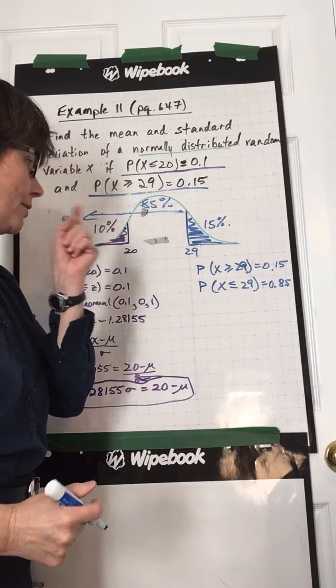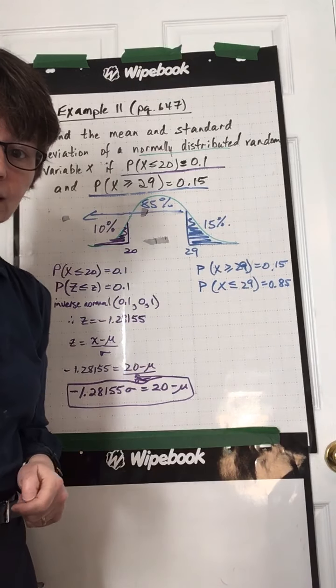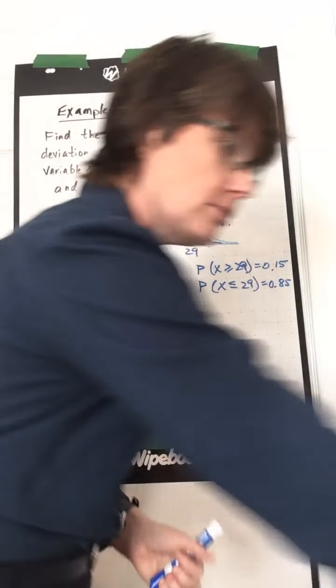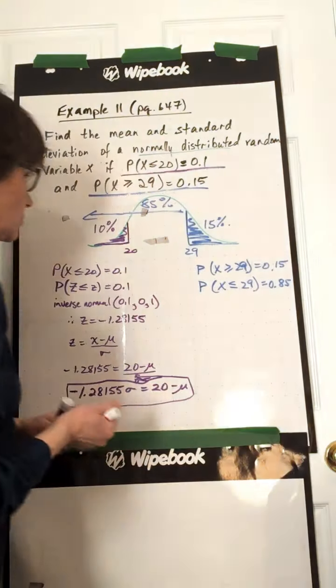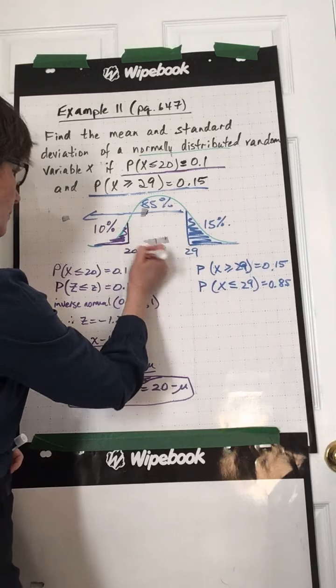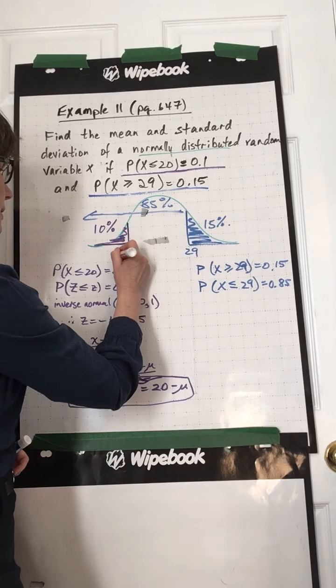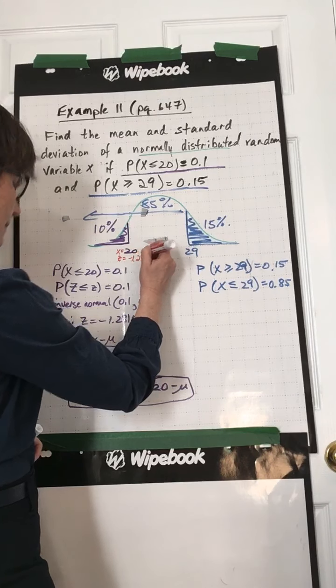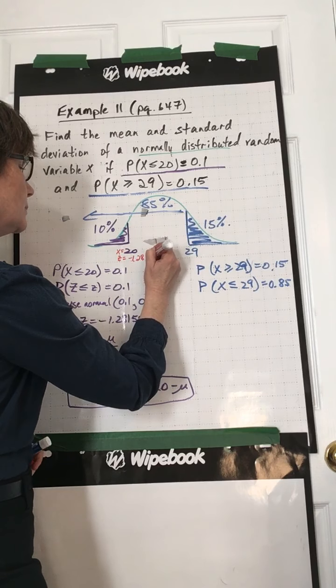Now let's find the z-score that accompanies this. Here, this is x, and the z-score that accompanies it was this.